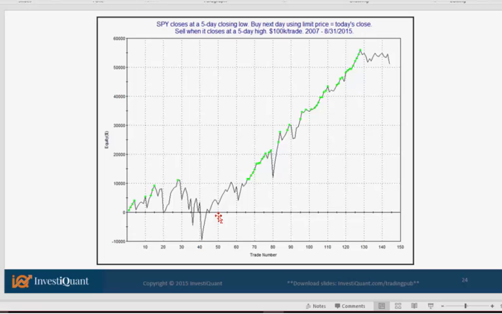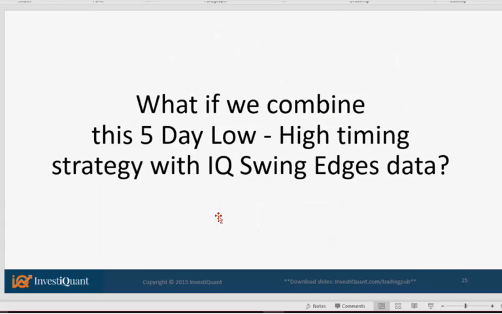The reason I went back to 2007 in this example is that our complete historical archives for SPY for the IQ data are available back to the beginning of 2007. So I wanted to run a comparable period.